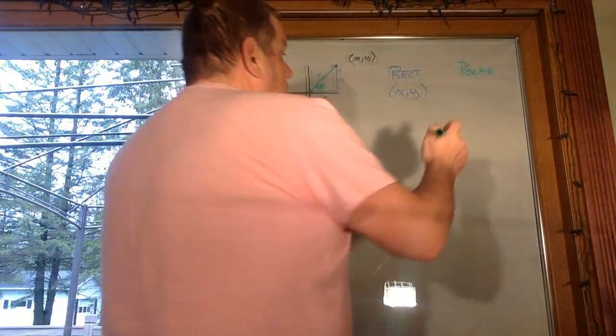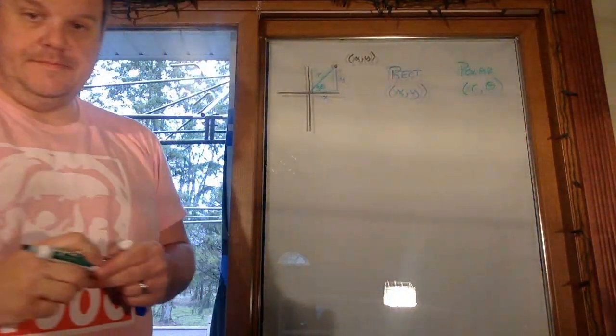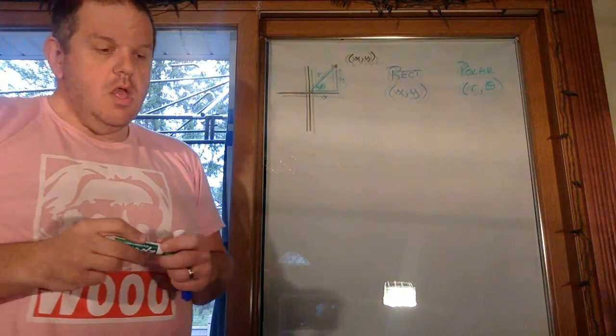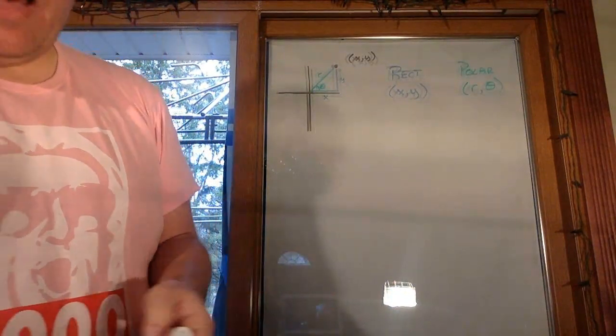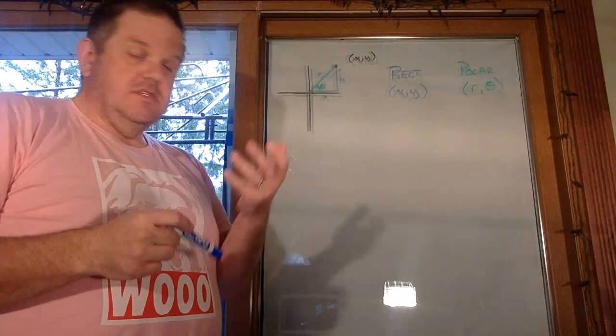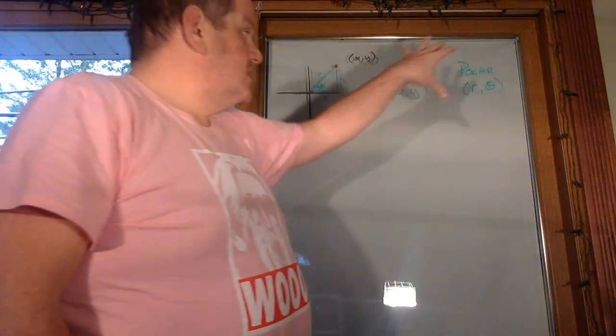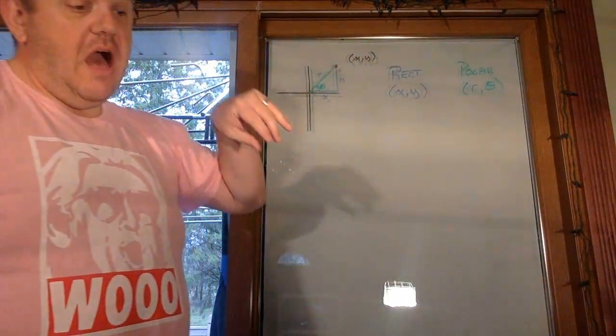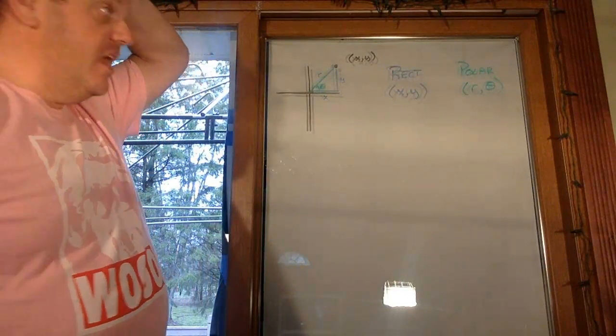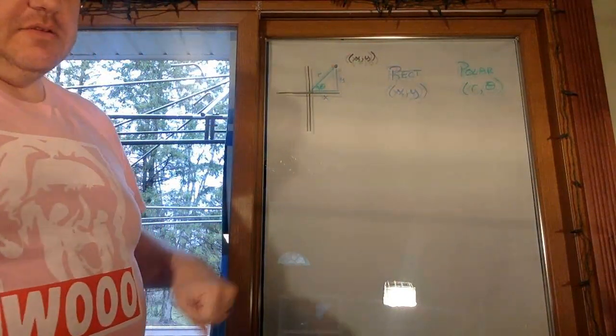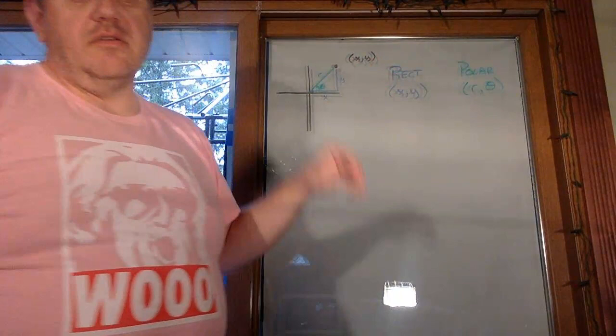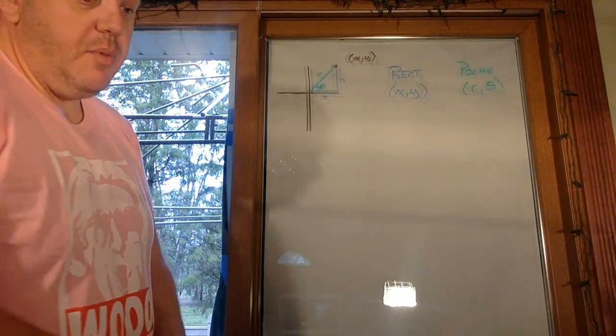So polar is going to be in r comma theta mode. So how can we find those different things? I'm going to base how to find r and theta on the rectangular stuff, and then I'm going to do the rectangular stuff based off of what you got in the polars.